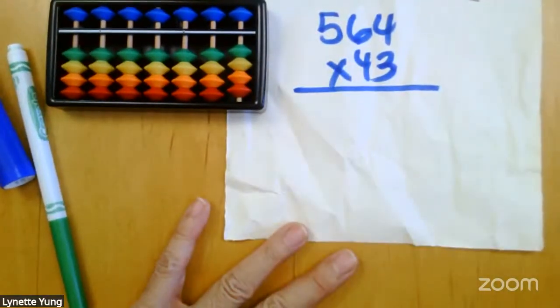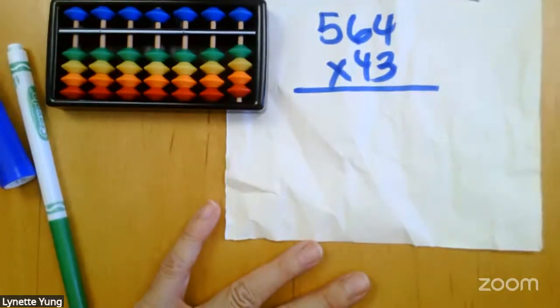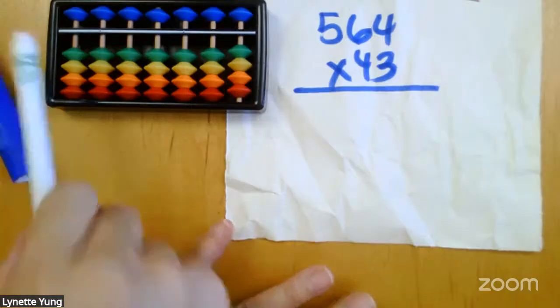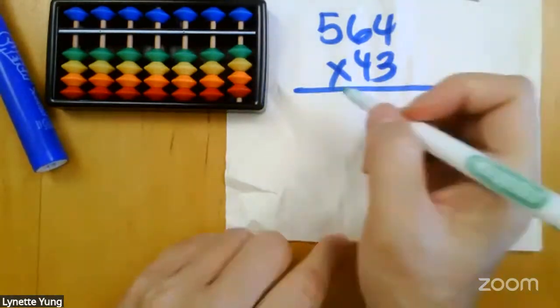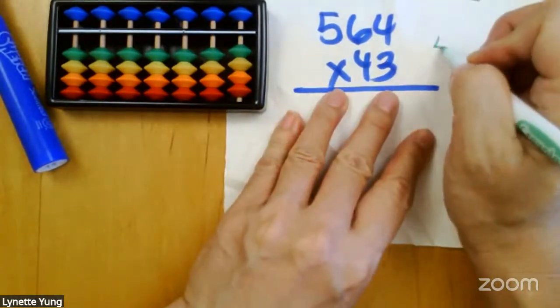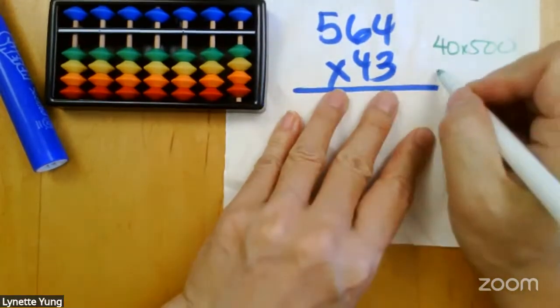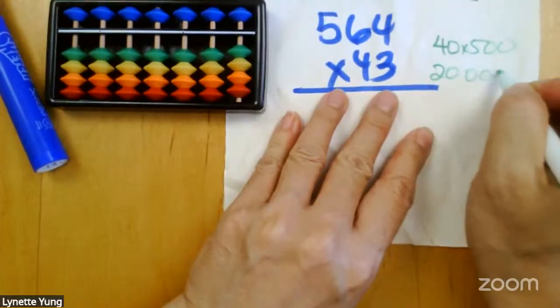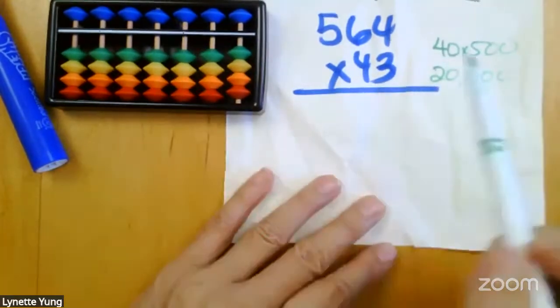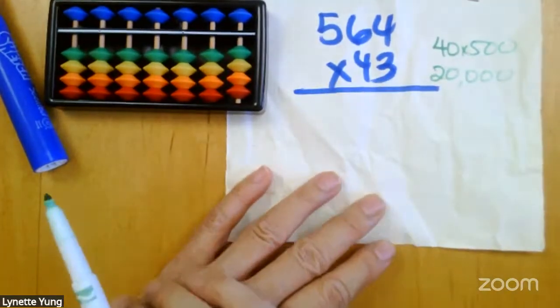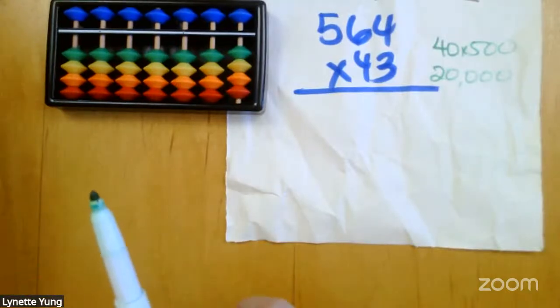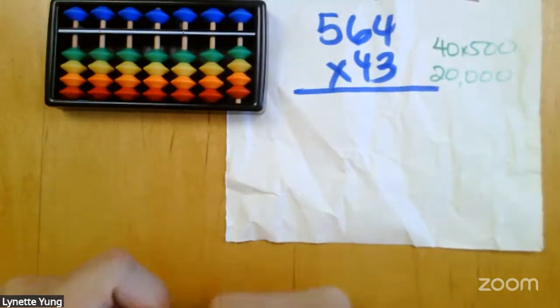Yeah, so we can go with 4 times 5. And if we do that, you need to know it's actually 40 times 500. Because there's five place values, you go 1, 2, 3, 4, 5.